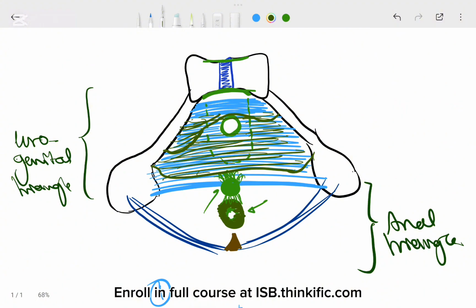And also behind, they are attached to the perineal body, or anchored to the perineal body. That's considered their insertion. Compressor urethrae also originates from the ischiopubic rami, like this, and like this. That's their origin. And how they insert: they blend with each other in front of the urethra.